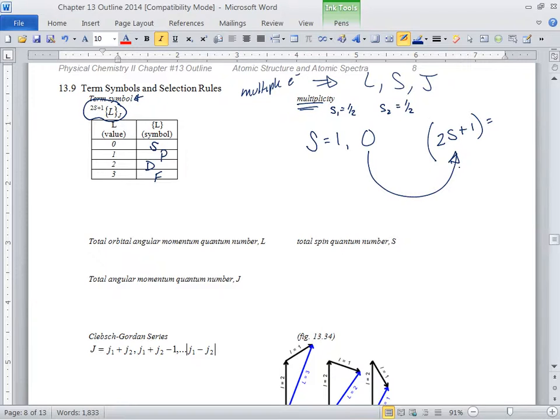With 2, doublet, 3, triplet, right? So here are just the names: the total orbital angular momentum quantum number, total spin quantum number, total angular momentum quantum number.